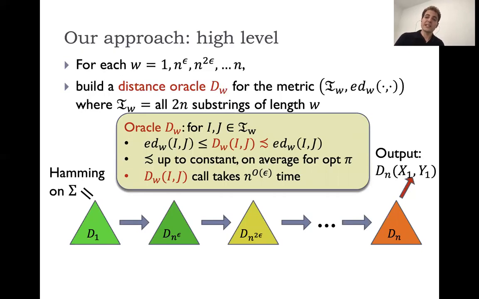So what would be the guarantees from the data structure? Our data structure will always return an upper bound on the edit distance. So the data structure will always get two intervals, i and j, and we'll output a distance that will always be an upper bound, and it will be a lower bound roughly. What does it mean, roughly a lower bound? It means up to a constant and on average, and only for an optimal alignment.